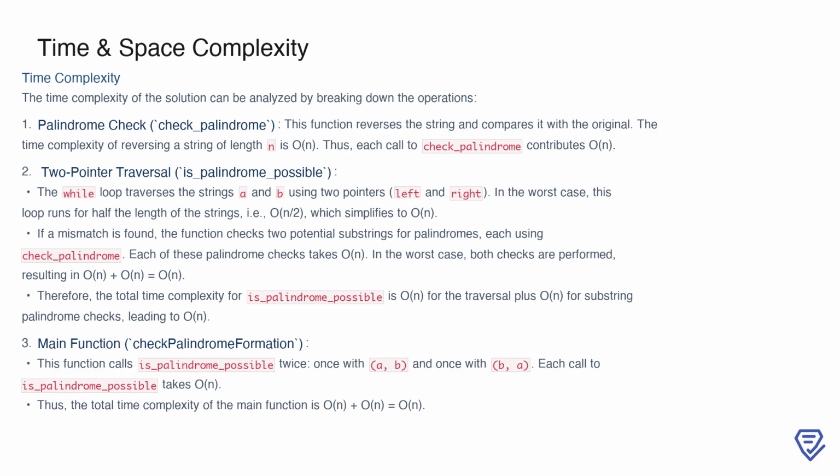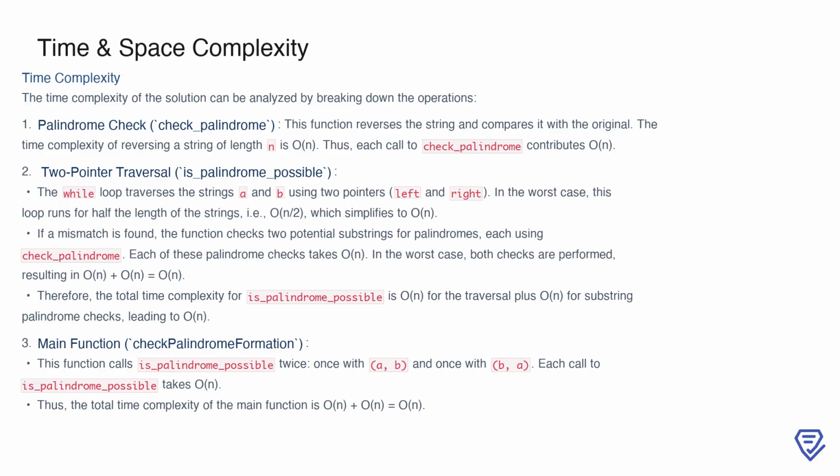If a mismatch between the strings is found, the function performs two additional palindrome checks on substrings. Each of these substring checks calls check_palindrome, which takes O(n). So, in the worst case, the two checks add up to O(n) plus O(n), equals O(n). Combining this with the traversal, the total time complexity for is_palindrome_possible becomes O(n).